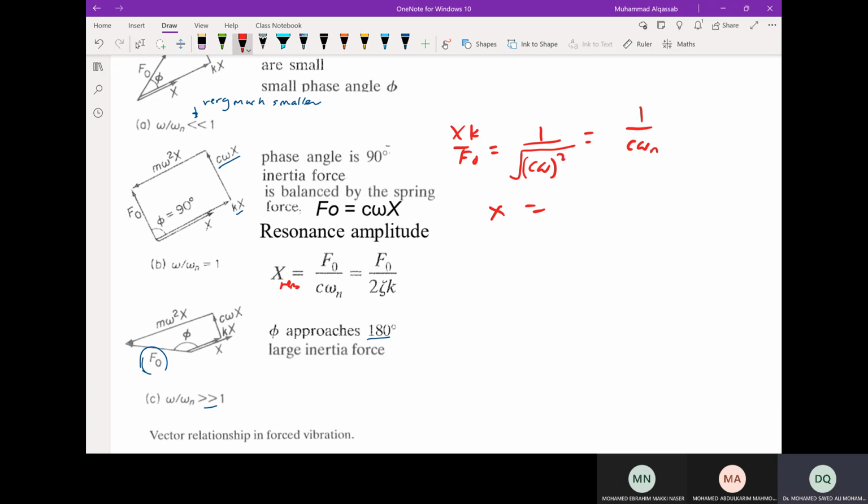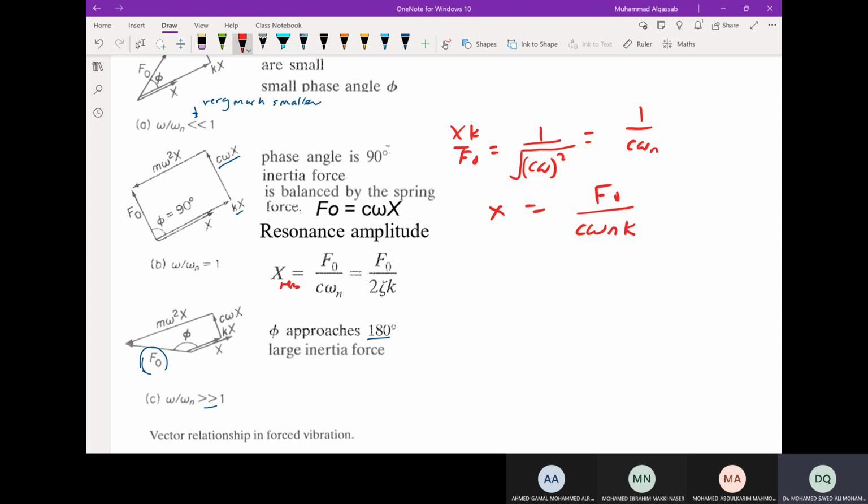Should be like that, right? Yeah. And X resonance becomes F naught over C omega n. There is K here. The amplitude is F naught over C omega n.